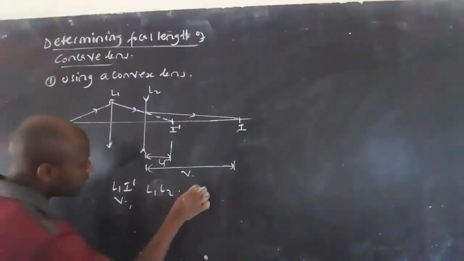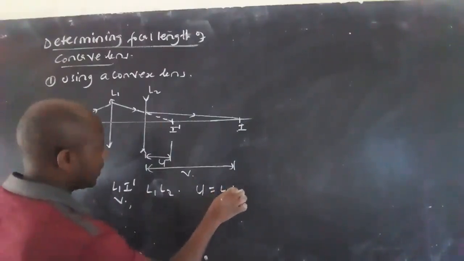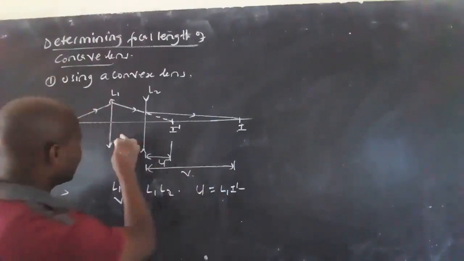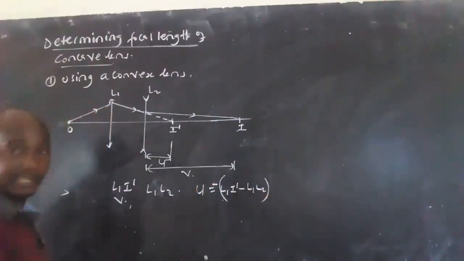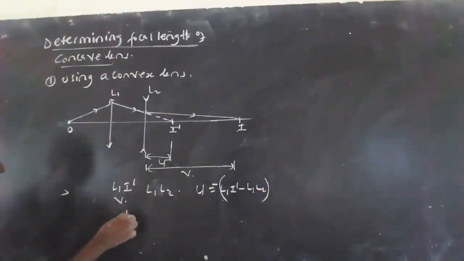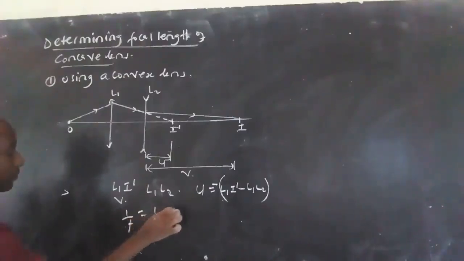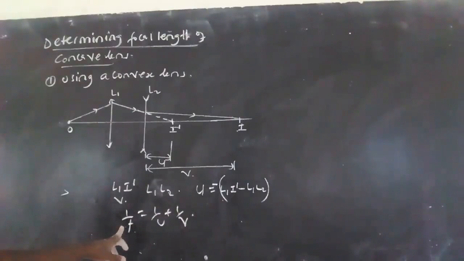Then the object distance U is got from the whole distance, which is L1 I prime, minus the separation L1 L2, but it's inverted, so we put a negative. Therefore, the focal length is got from 1 over f equals 1 over u plus 1 over v.